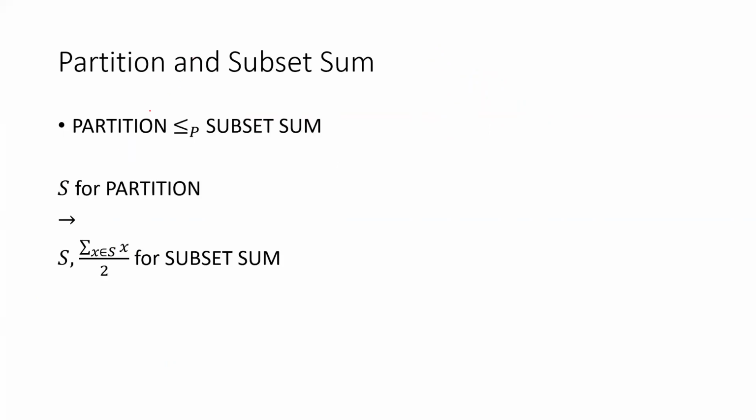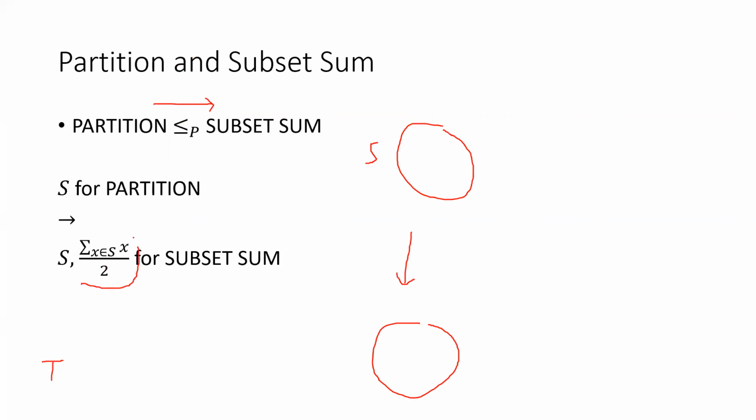And let's see how to reduce from partition to subset sum. For partition, you have S, and it's pretty easy to reduce it to subset sum because you have the exactly same S, and you set T, the target sum of the subset, to be half of the sum of S. So it's pretty straightforward.